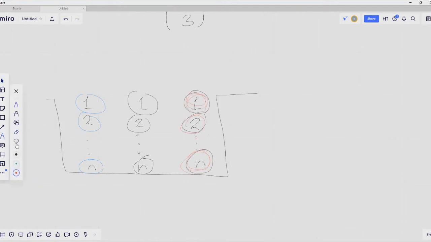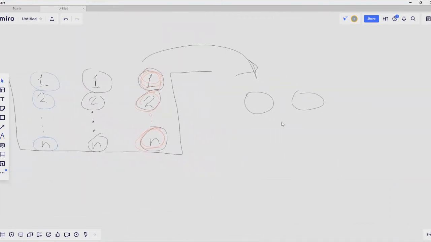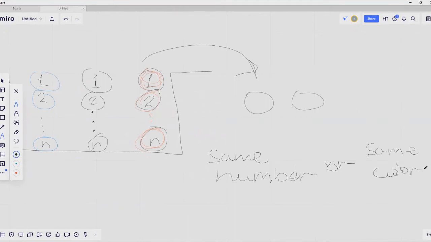Okay, so we are drawing two chips without replacement. Now, what is the probability that the two chips drawn either have the same number or the same color? So we're looking for the probability of drawing two chips with the same number, or two chips of the same color.